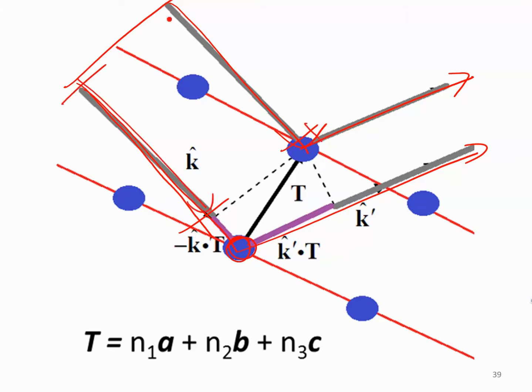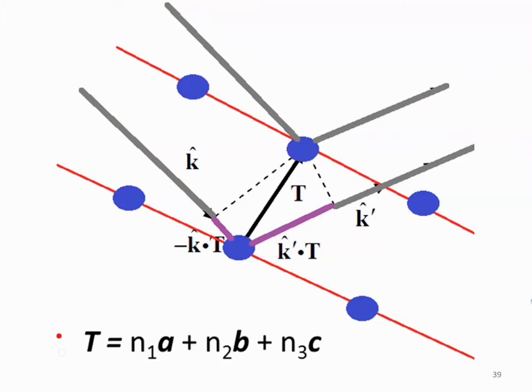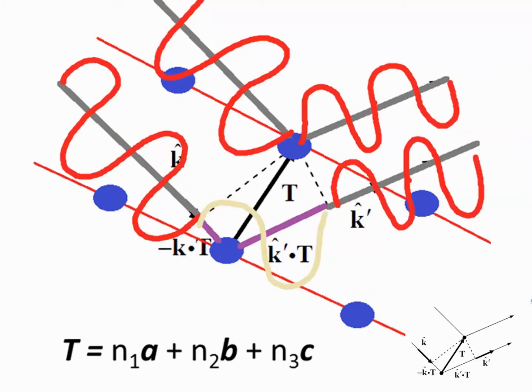Here to here is equivalent to here to here, and here to here is equivalent to here to here. But for the second layer, it has an extra part. This extra part is 2d sin theta, which must equal n lambda.